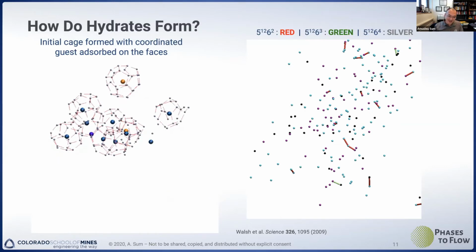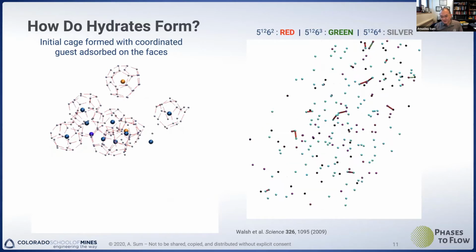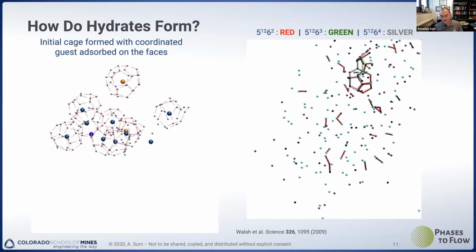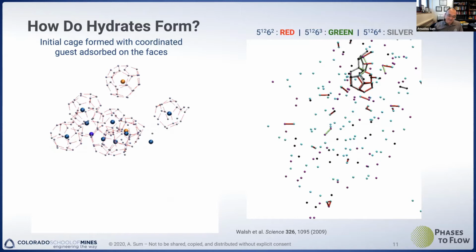It doesn't seem that long, but it was when we first published this paper in Science that looked at the first reported spontaneous nucleation of hydrates with methane being the gas, right?